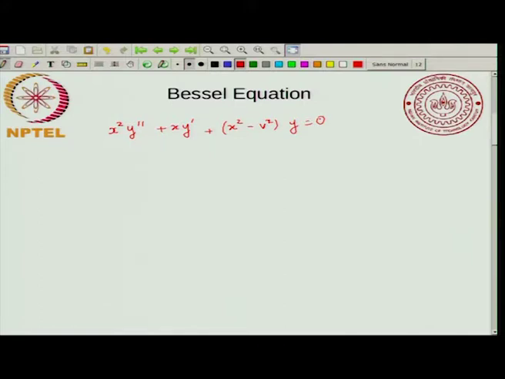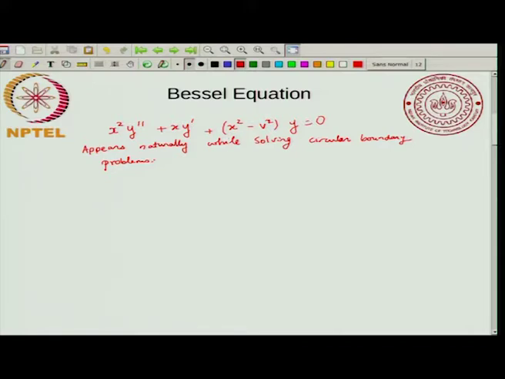Okay. Now, this Bessel equation, I will mention right now that it appears naturally while solving circular boundary problems. Okay, so a problem with usually plane problems with circular boundaries, this appears naturally.